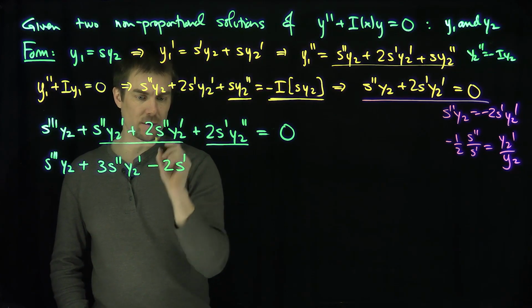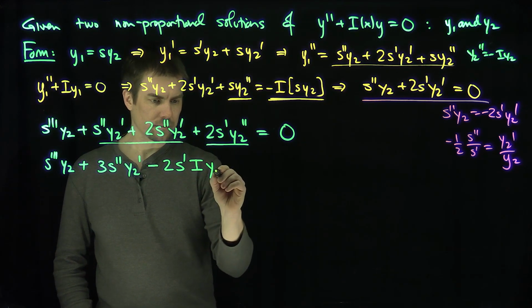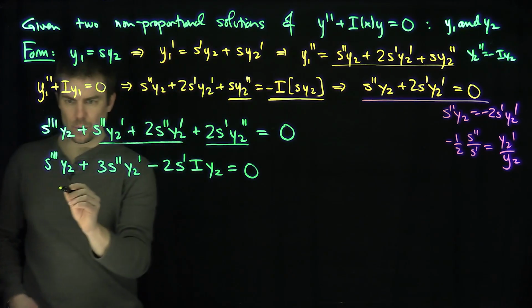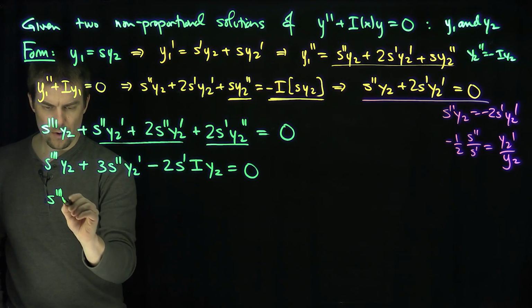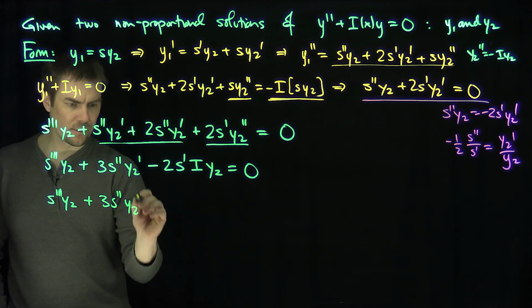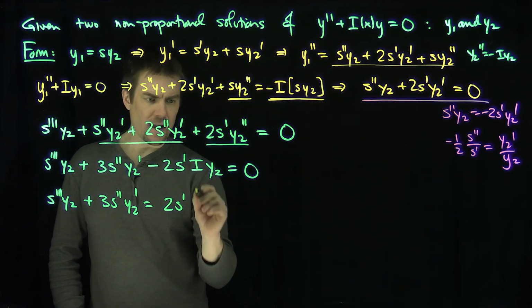So that's the negative sign right there. And then I have an I and then a y2 over here is equal to 0. And so I'm going to take that I y2 and throw it on the other side. And so what will I get? I'll get s triple prime y2 plus 3s double prime y2 prime is equal to 2s prime and then I y2.